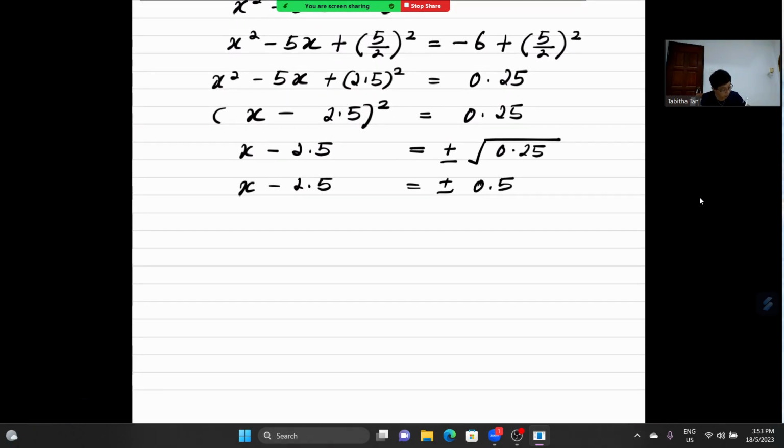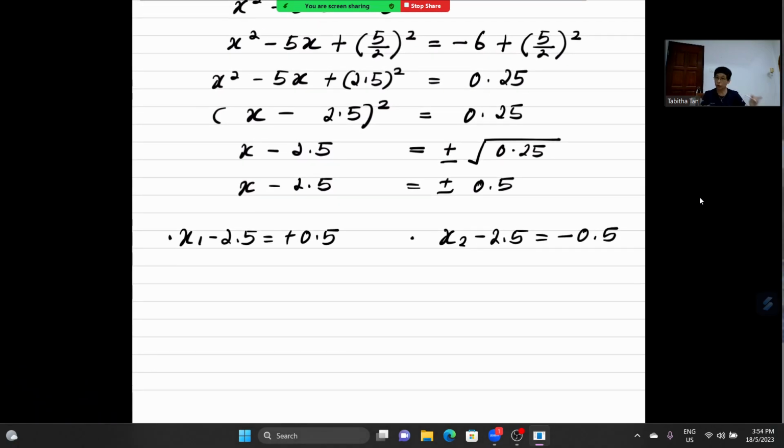Now it's just time to split it up into two linear equations. First, you can make it equal to the positive 0.5. Then the second one, you can make it equal to negative 0.5.